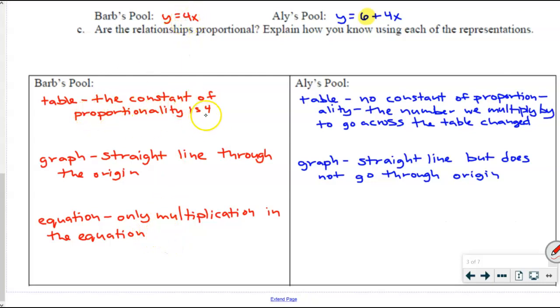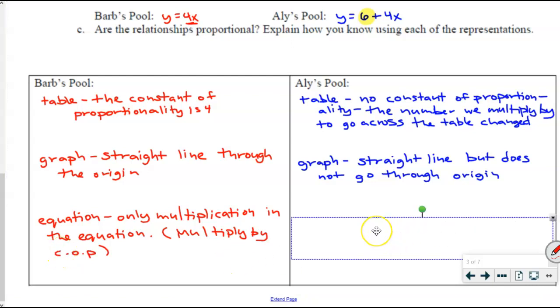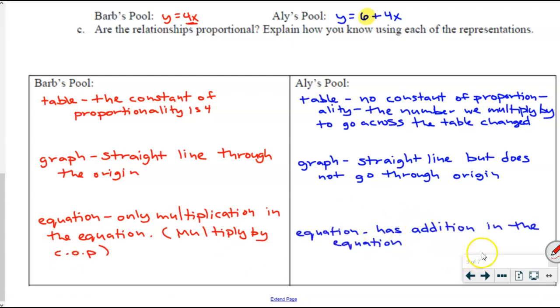We saw the constant proportionality is 4. What is the number we're multiplying by x? That's 4. So only multiplication in the equation, we're multiplying by the constant of proportionality. And we can see in Allie's, that's just not the case. The equation has addition in it, and it's that addition that's making things look a little bit crazy.